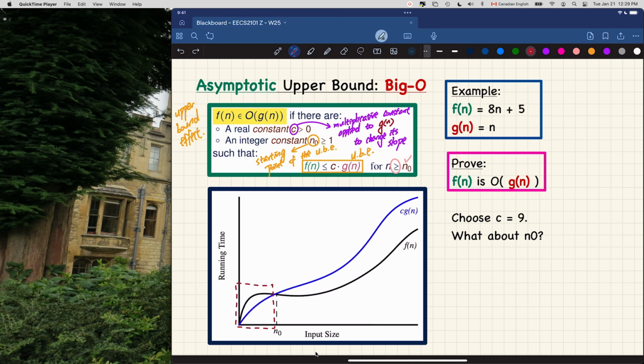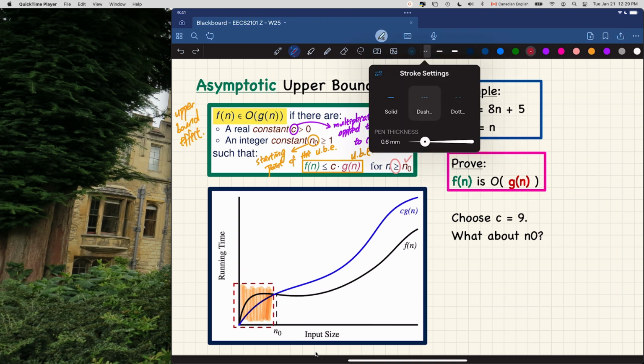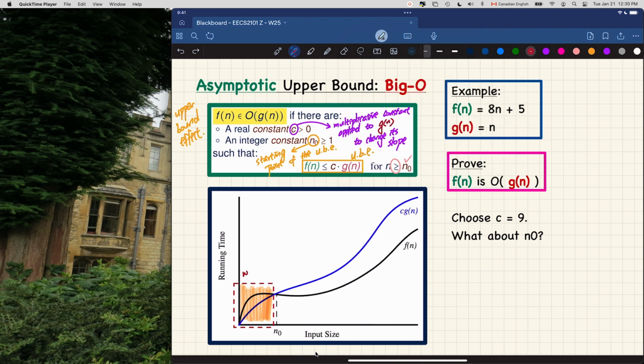There we go. That's the way to put it. I want you to look at just this region of the function here. I'm basically trying to show the region that's strictly less than n0, when n is strictly less than n0.